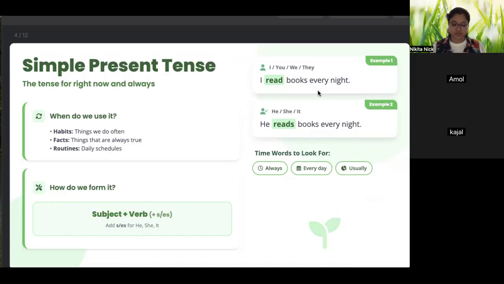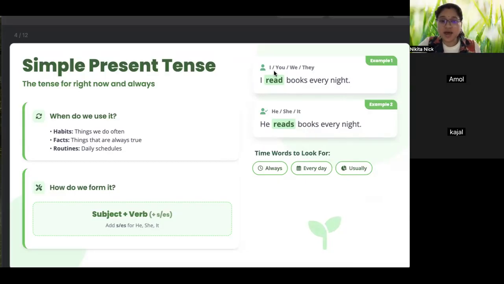Next one. I read books every night. Time words to look for: always, every day, usually. Very good.